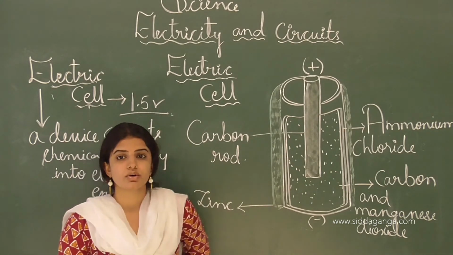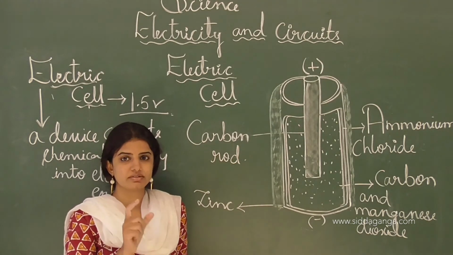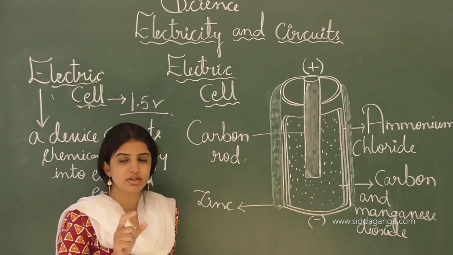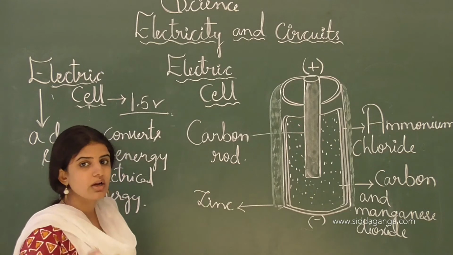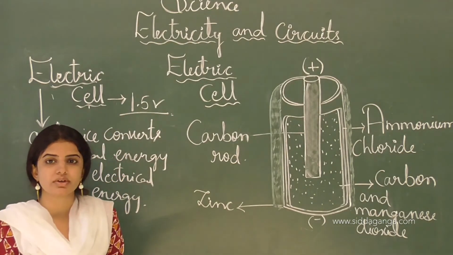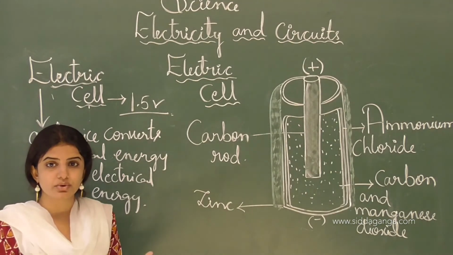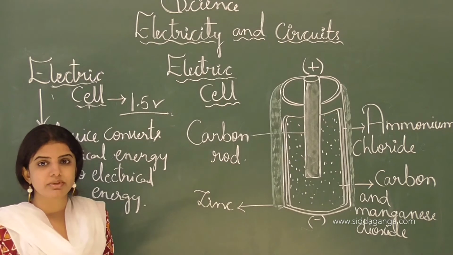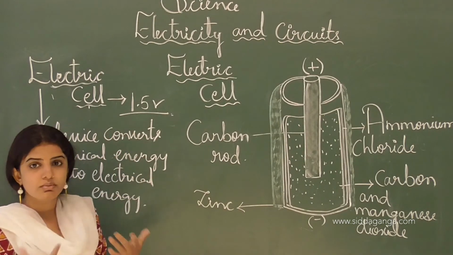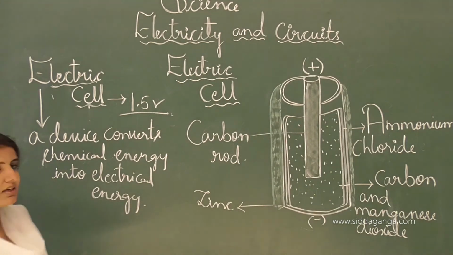If you closely observe the dry cell, you can see the positive terminal as well as the negative terminal. You should also observe the voltage, how many volts the dry cell has. If it is a large, high-durability dry cell, then the voltage will also be higher. And see, this is the structure of the electric cell.